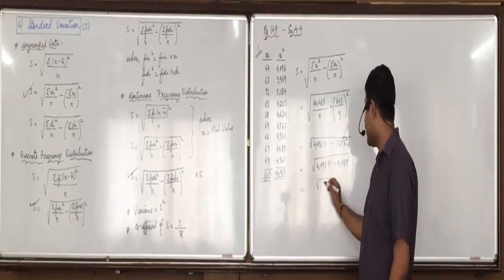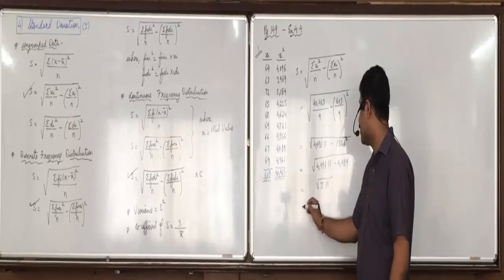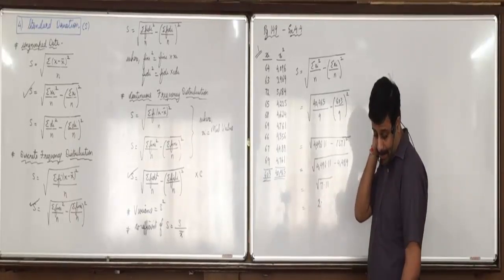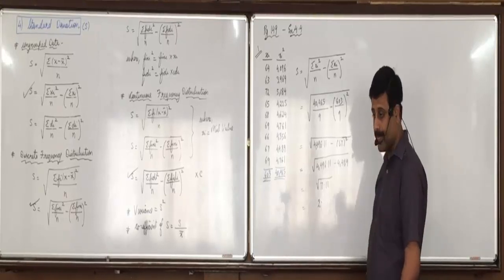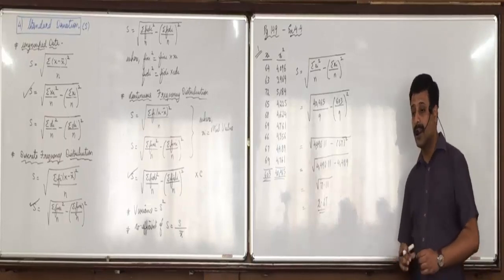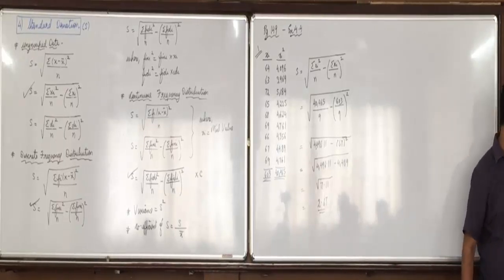So 7.11. Do square root of 7.11. 2.67. Did you all understand this portion, everyone?